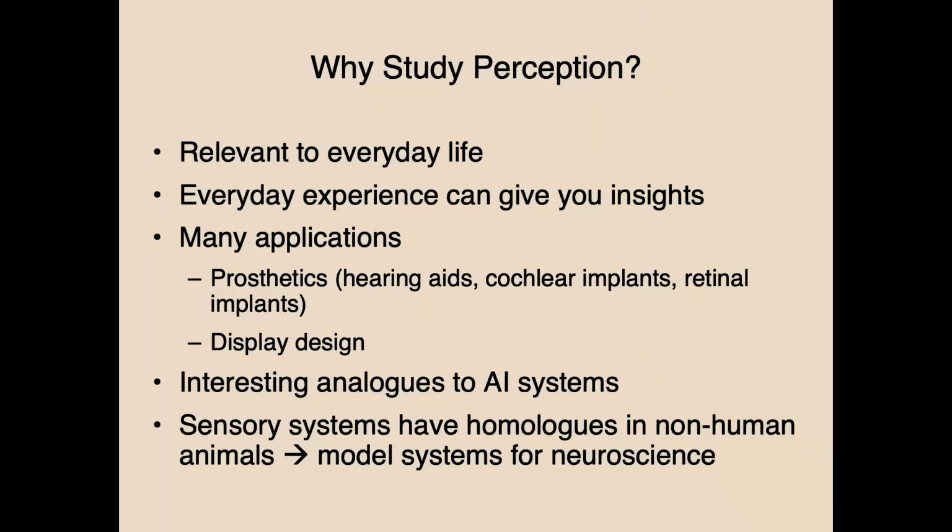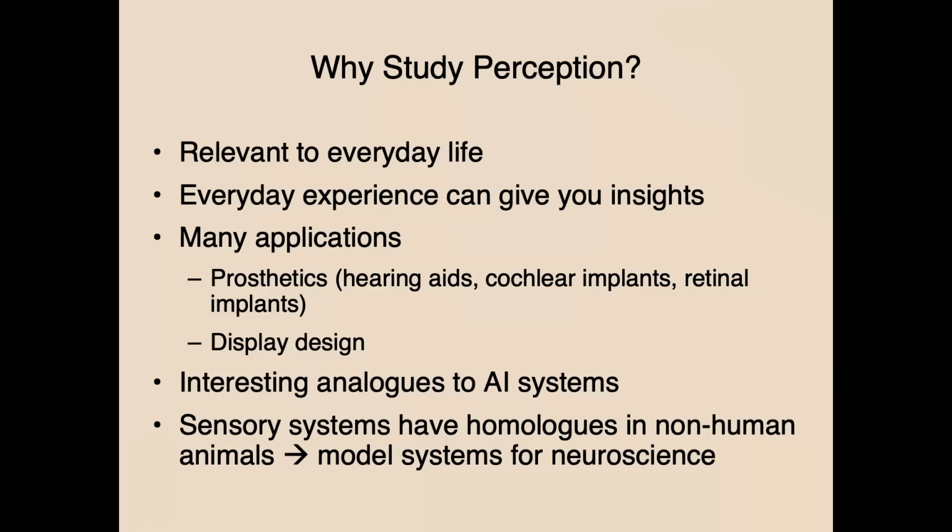And now there's lots of exciting new directions in all of those domains because of some of the developments that have been happening in terms of computational models of sensory systems. Also very relevant to the design of displays. Right now in particular is an exciting time to be working on perception because there's lots of interesting analogs to AI systems.